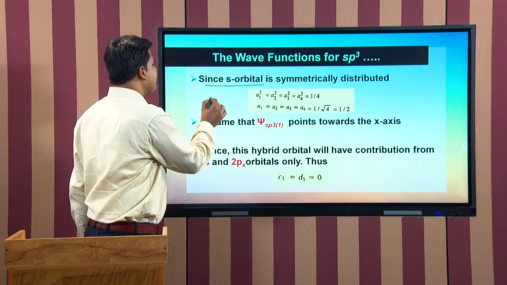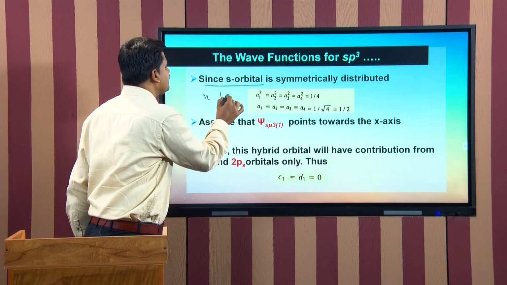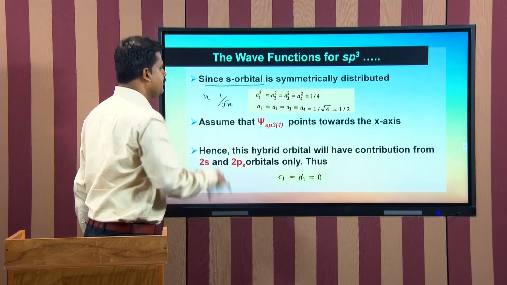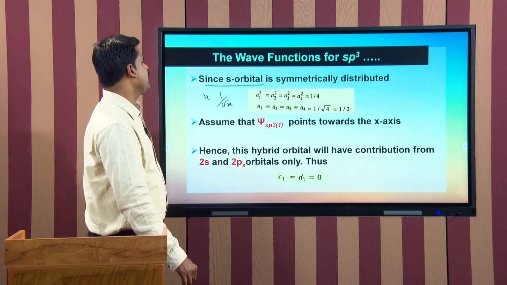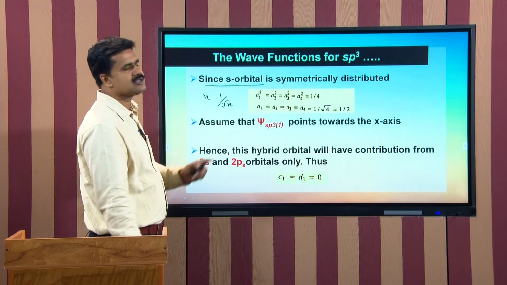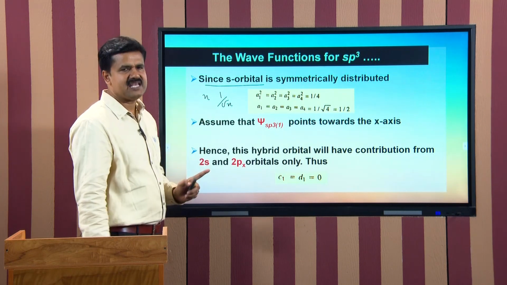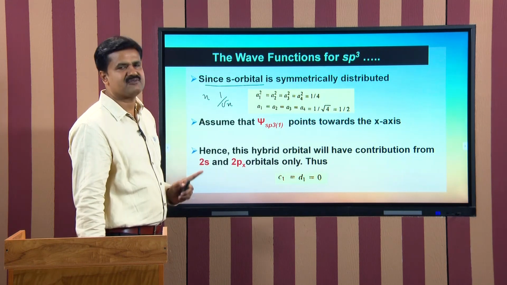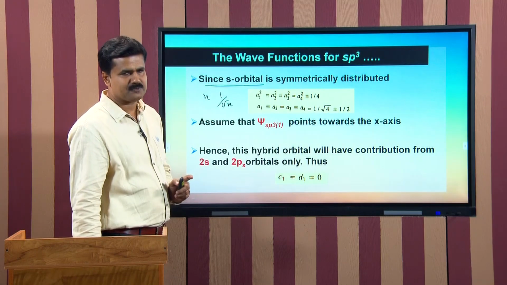In a system having n hybrid orbitals, the coefficient of the s orbital will be 1 by root n. Ai's are the coefficients of the s orbital, and here there are a total of 4 hybrid orbital wave functions, so n is equal to 4. So the coefficients of the s orbitals, namely A1, A2, A3 and A4, will be equal to 1 by root n, that is 1 by root 4, that is equal to 1 by 2.